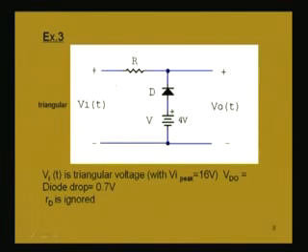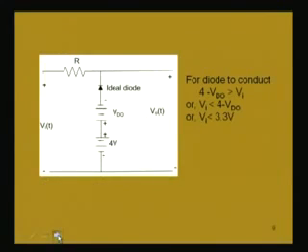If we consider this conduction, let us first draw this equivalent circuit for this diode as earlier we have done. So, this diode drop Vd naught will be along with this ideal diode which shows the conduction direction, and this 4 volt battery is already there, we are applying a triangular voltage waveform.